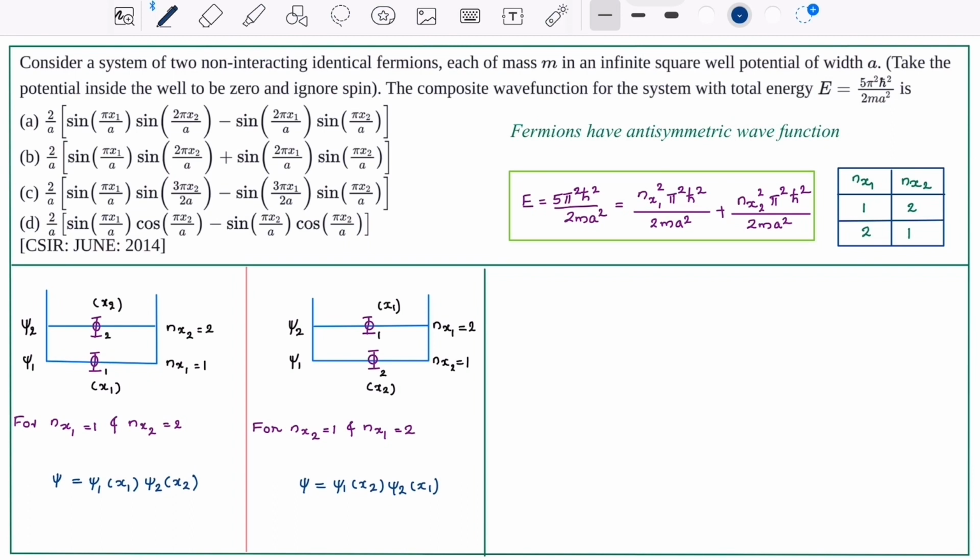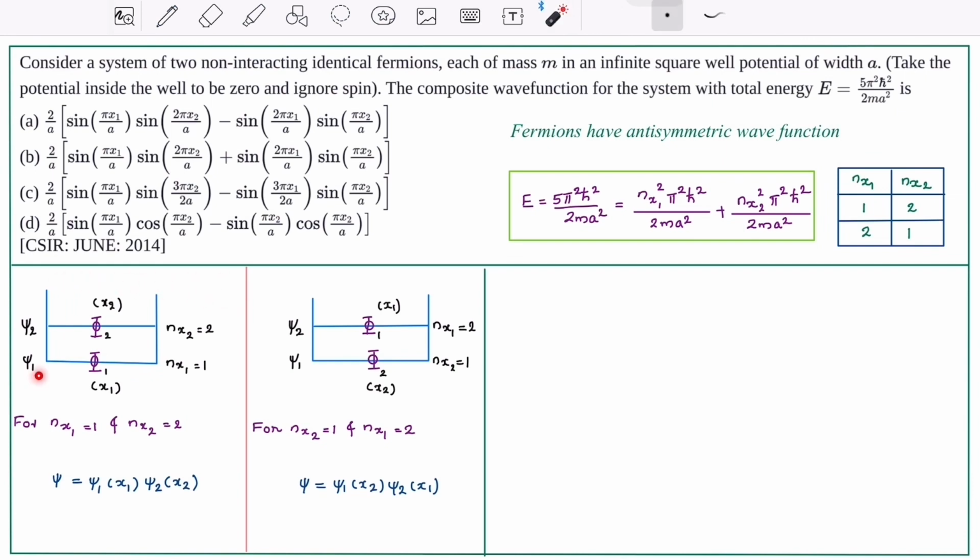In the question, it is given that two non-interacting fermions are placed in an infinite square well potential. The total energy of the composite system is given. We have to find out the composite wave function. By looking at the total energy, we can say that the fermions can be filled in two ways.